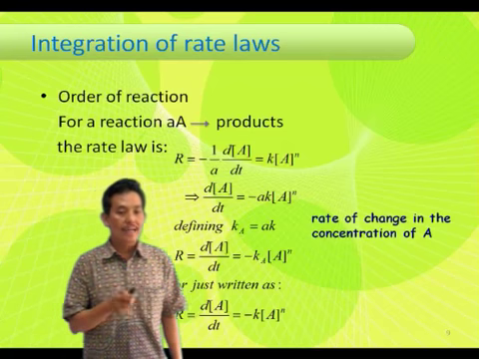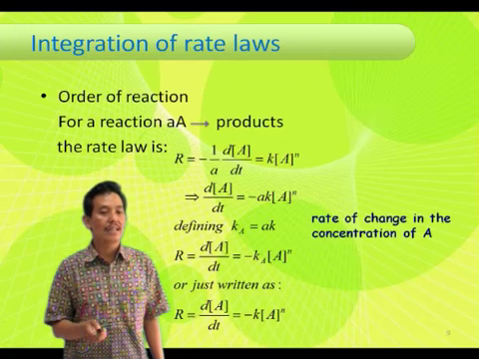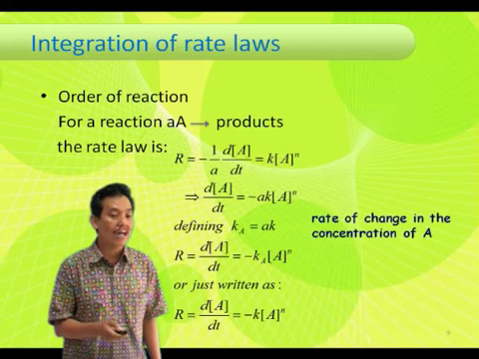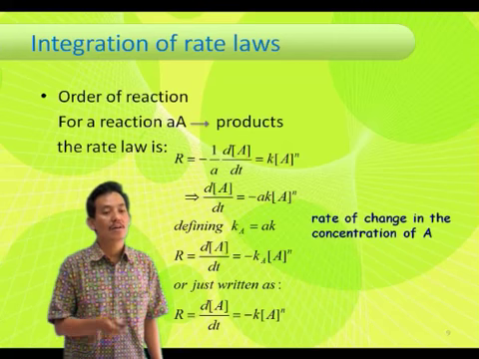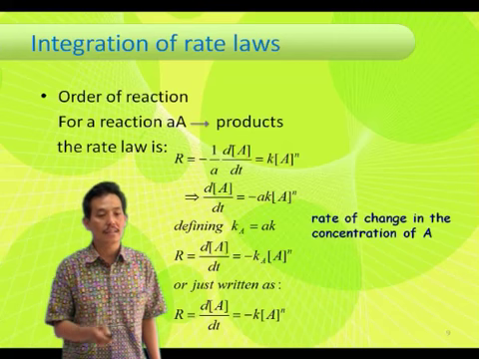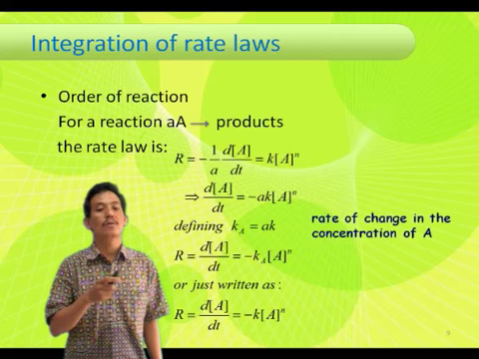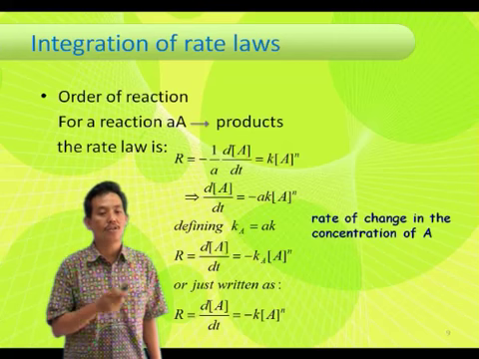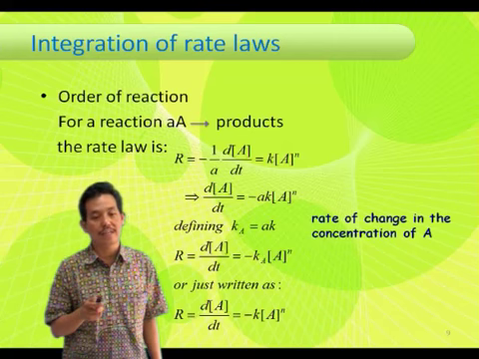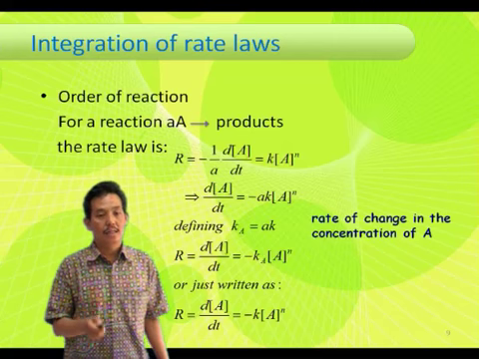The reaction rate R is equal to dA per dt, and that is equal to minus the rate constant times the concentration of reactant A to the power n.